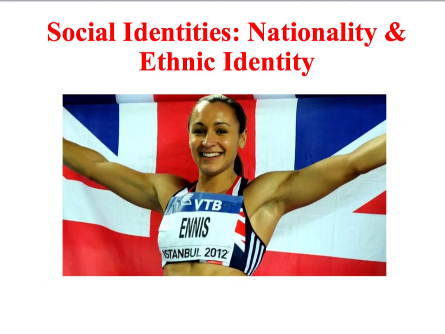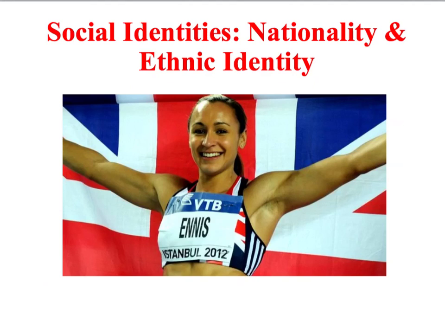Another important aspect of our social identity is our nationality and also our ethnic identity. So the country where we were born gives us our nationality. So most people born in Britain can have a British passport and are legally classified as British citizens, and this is essentially a legal category, and it might also depend on your parents' nationality. Ethnicity, on the other hand, is a sense of belonging to a particular group or place.